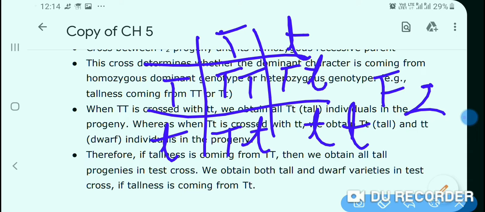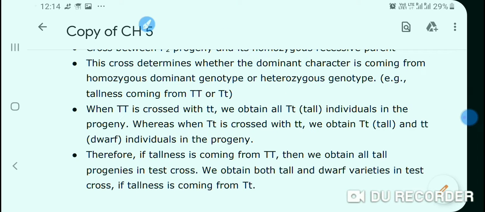And we are going to learn about the test cross. If any progeny of the F2 generation, that means any plant of the F2 generation, is allowed to cross with the recessive parent, then it is called a test cross.